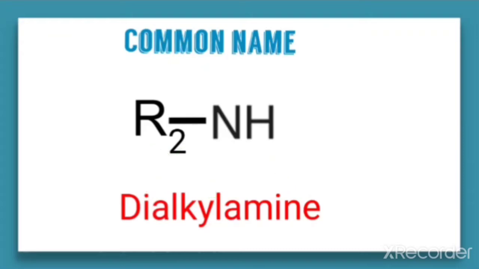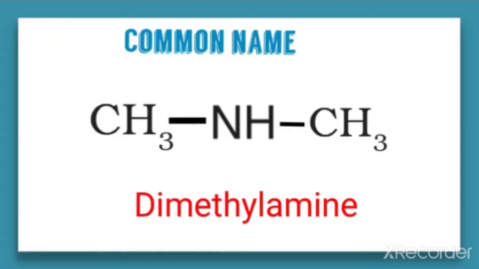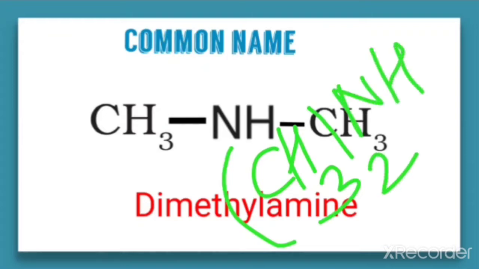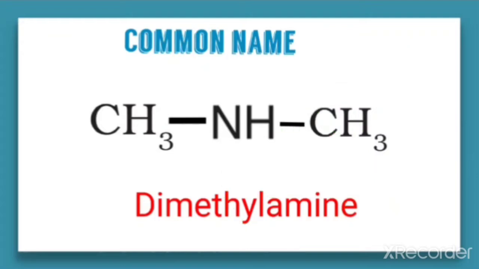Let us take one example. If the two alkyl groups are methyl, like in this case, so here instead of writing CH3 twice, we can write also in this way. Otherwise, how can we write this one? This can also be written in this way, (CH3)2NH. We can write also in this way, or we can write in this way also.